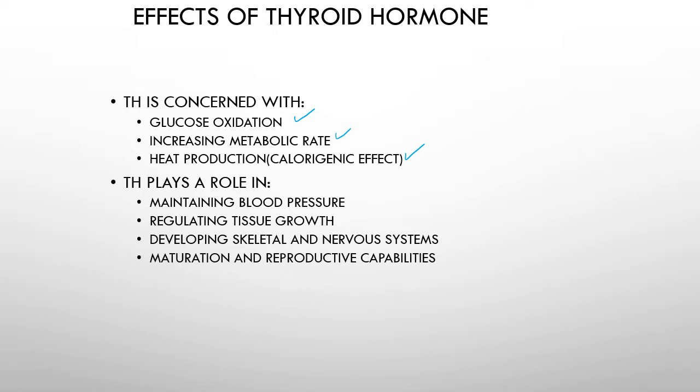Heat is going to be a byproduct of all of that manufacturing process. In addition, since it has an effect on things like the heart tissue, we're going to increase and maintain blood pressure at times. So if the hormone is up or down, we may have issues that go along with blood pressure and cardiac function itself.